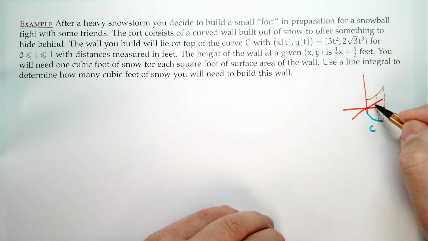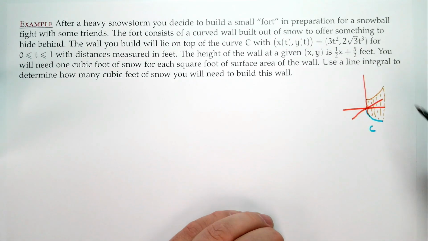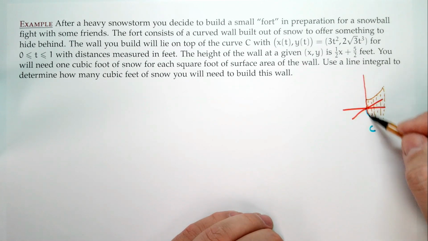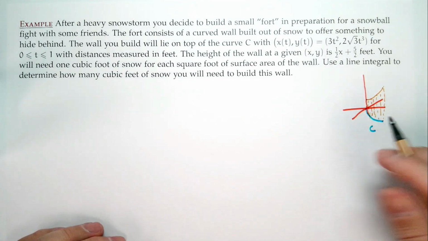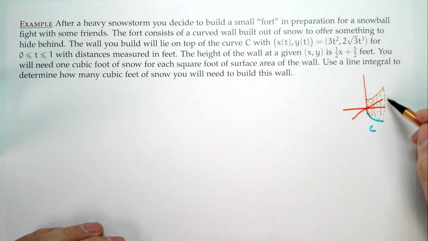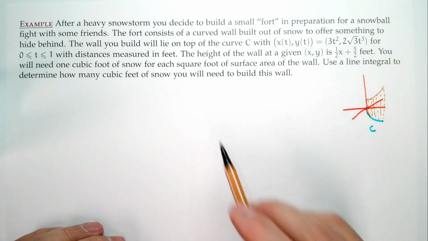So we have this increasing height for this wall. Of course, we're going to be hiding behind this wall. So what we need to do is figure out the total height here, or rather, what's the area here? Because the area will correspond to how much snow we need.